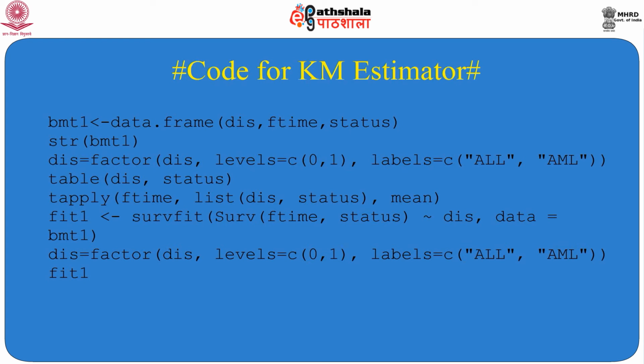Once we put fit1 as survfit, we get the survival fitting through Kaplan-Meier. Before that, again the distributions of disease and status-wise follow-up measurements can be observed, like we have seen earlier.